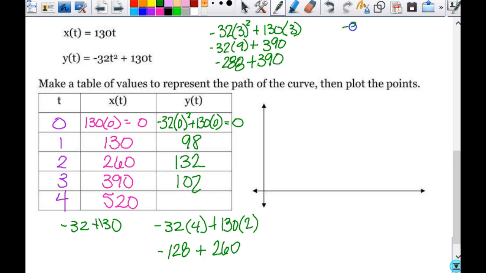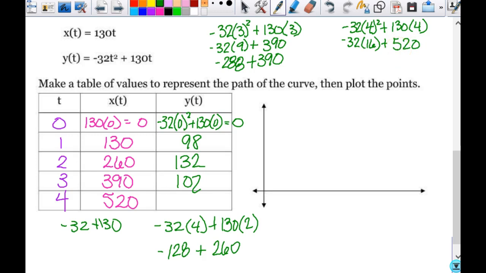And then negative 32 times 4 squared plus 130 times 4. So that's negative 32 times 16 plus, what's that? 520. Those numbers are coming from right there, right?